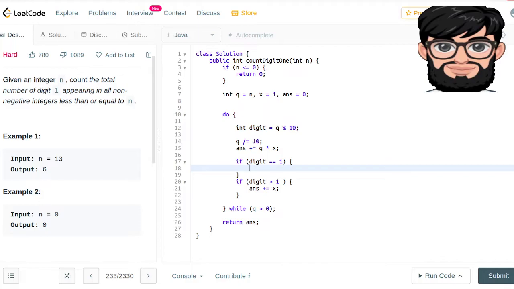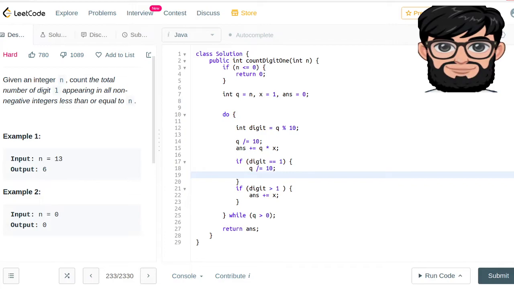Now otherwise, if it is equal to 1, we're gonna say that q is divided by 10, and then the answer plus equals q multiplied by x. So we are actually multiplying the x again and then adding it to the answer.